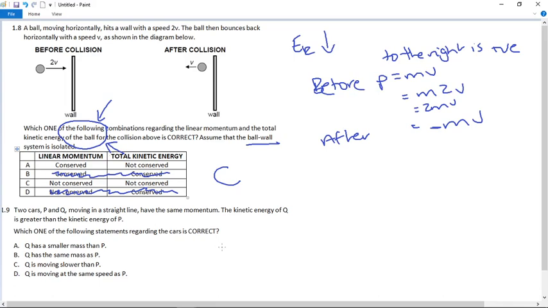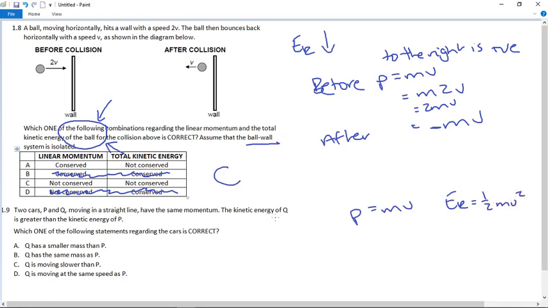Now it says, two cars, P and Q, moving in a straight line, have the same momentum. The kinetic energy of Q is greater than the kinetic energy of P. So P equals mv, EK equals a half mv squared.